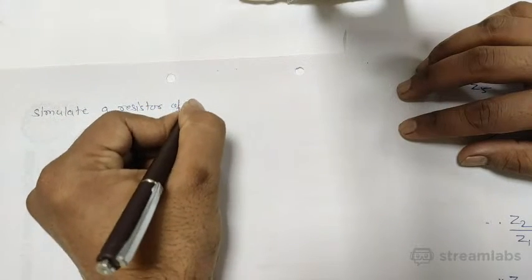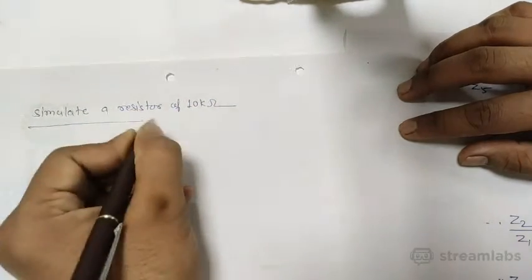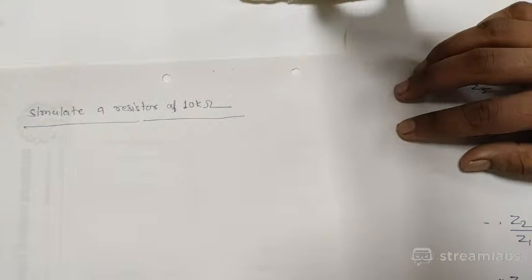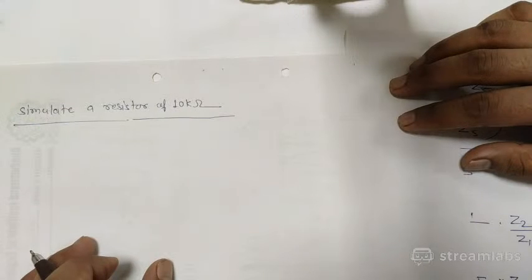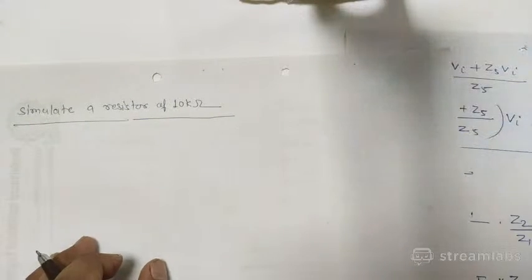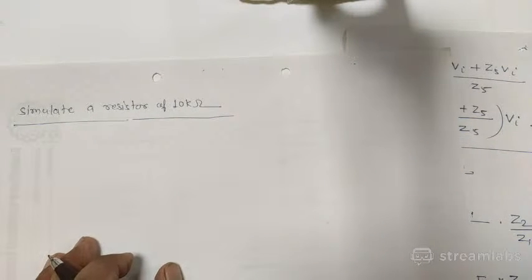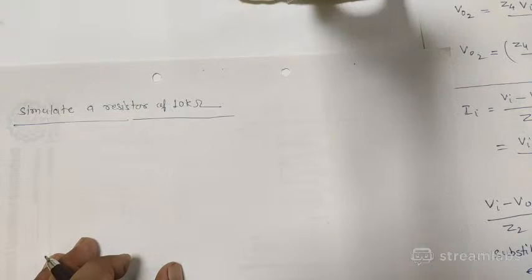I have shared one link in the Google Classroom related to the lab experiment that can be done for this generalized input impedance converter. You can simulate resistances and capacitances using op-amp.